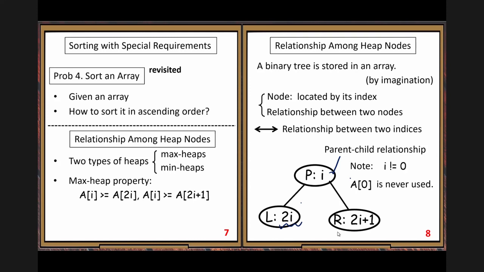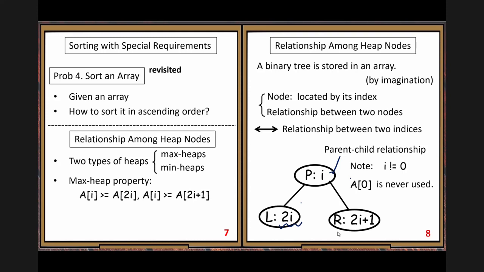So then, everywhere, you get a max heap. If there is one place where these 2 inequalities are not true, we cannot call it a max heap.